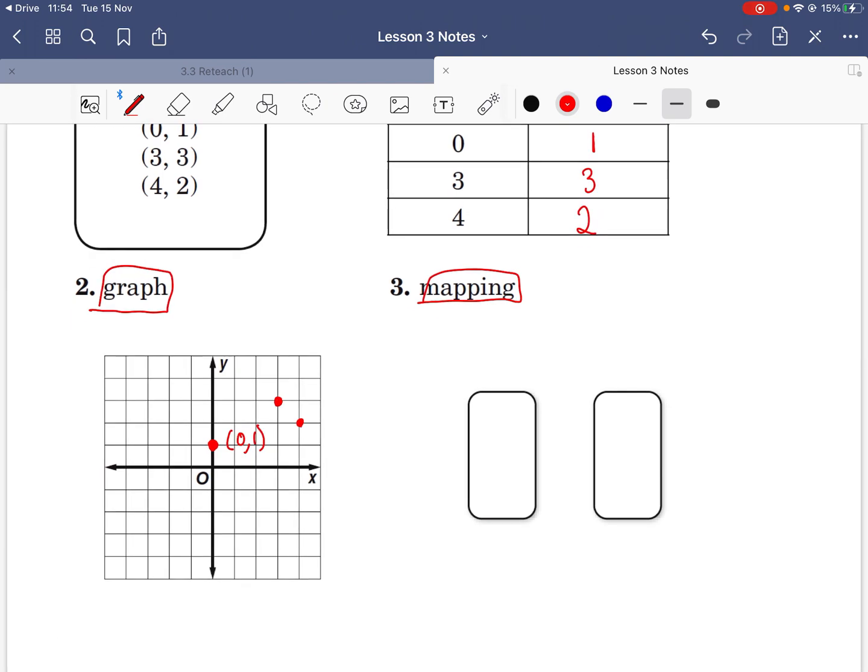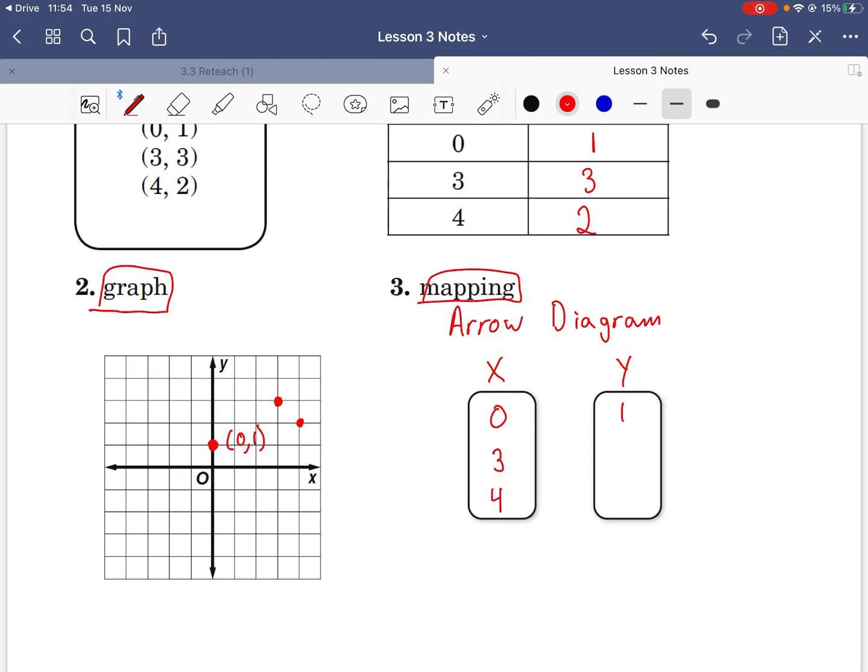And then for mapping, on MathXL or in Savvas, we also call this an arrow diagram. The way we show this is these are our x values, these are our y values. So we list our values out: 0, 3, and 4.